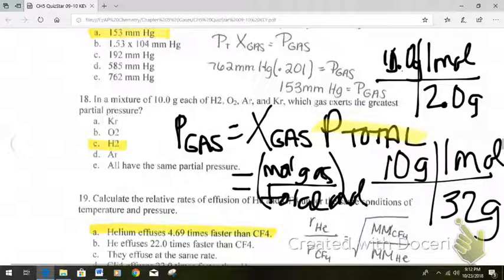And what gives you a bigger number of moles? 10 divided by 2 or 10 divided by 32? And the key is the smaller the molar mass, the more moles you'll get, and the more moles you'll get, the larger the mole fraction, and so the partial pressure will be greatest in the one with the smallest molar mass, which in this case is hydrogen, or C.